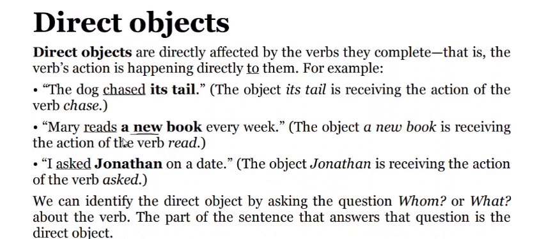A new book. It means a new book is the object. The object a new book is receiving the action of the verb read. Mary read a new book. I asked Jonathan on a date. The object Jonathan is receiving the action of the verb ask.